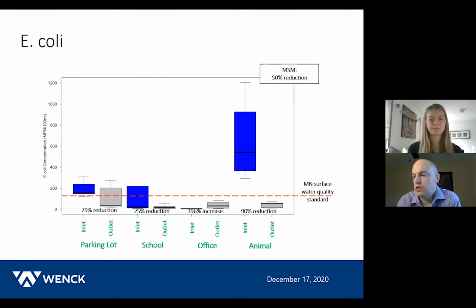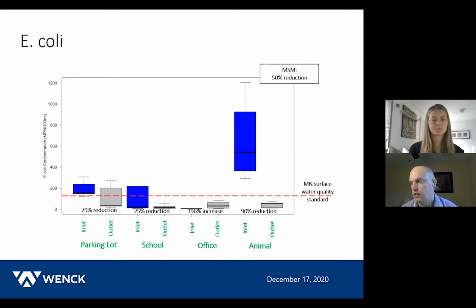Our last constituent here is E. coli, and Stormwater Manual reports that sand filters should remove about 50% or reduce concentrations by about 50%. Also added in there the surface water quality standard, that's 126, I believe. And I'll point your attention to the right, to the animal site.